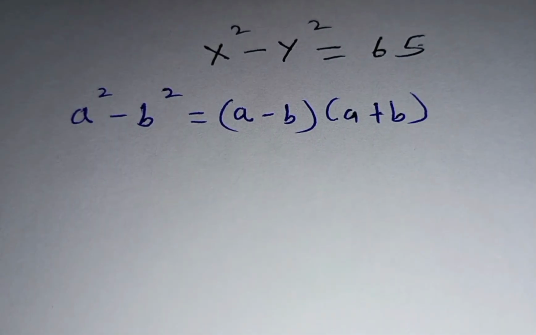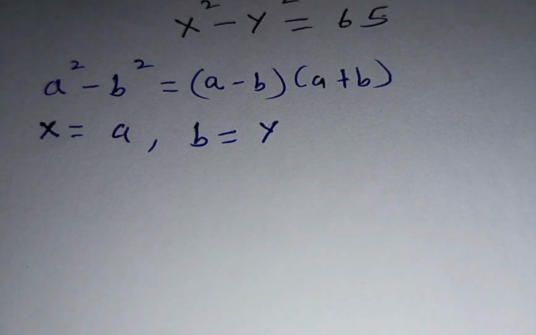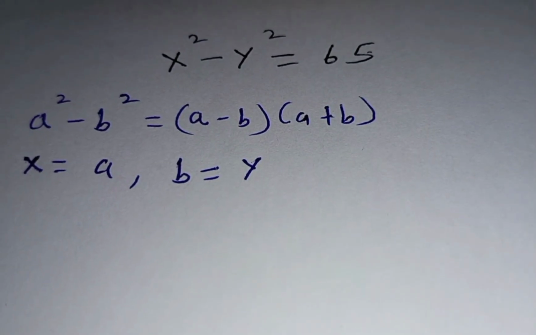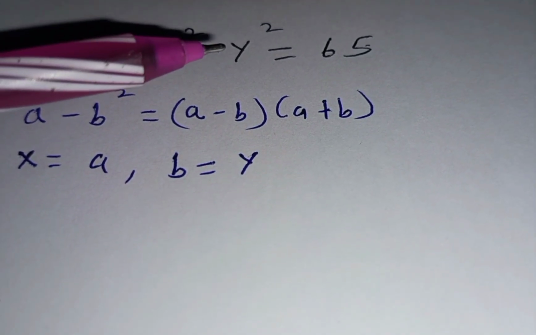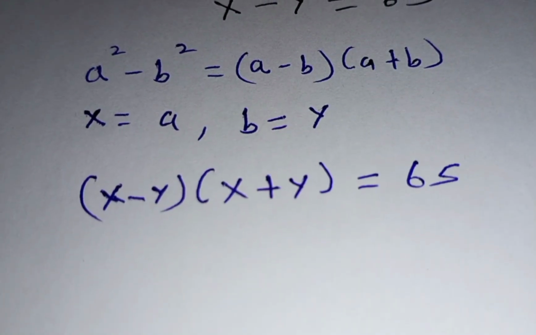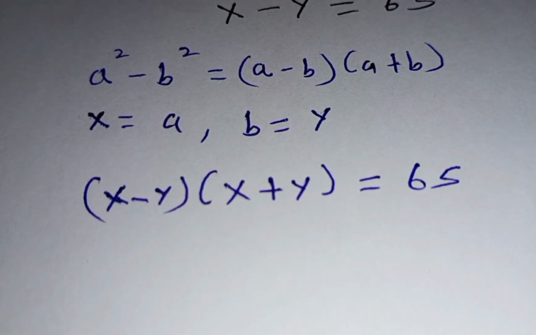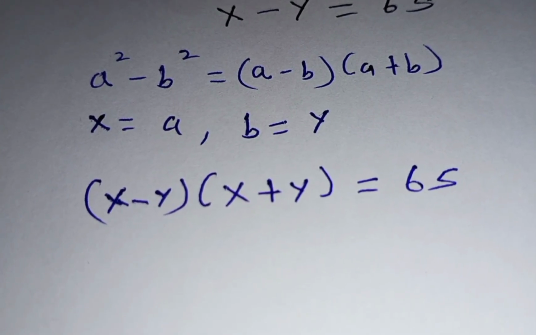In our case, x is equal to a and y is equal to b. So expressing the left hand side, x squared minus y squared, in the form of a and b, we have (x minus y)(x plus y) being equal to 65.